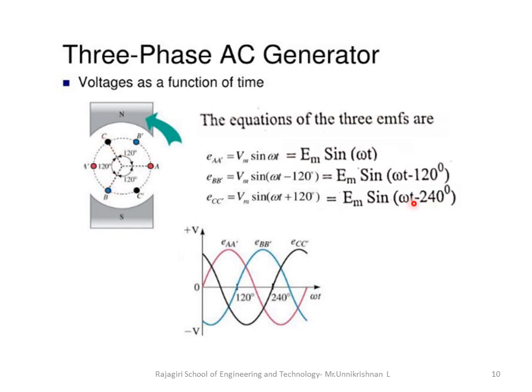Now this omega t minus 240, I can write as omega t plus 120. Why? Can you please go through the figure and identify why I have written omega t plus 120? Because if you compare in the other direction, you can see that coil C is ahead of coil A by 120 degree. While you move in the backward direction, the coil C is kept at 120 plus 120, so 240. That's why we wrote it as minus 240.